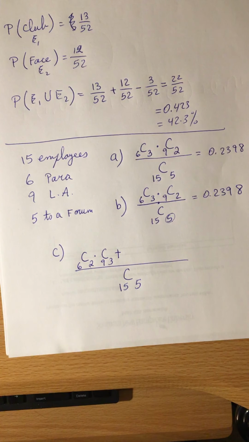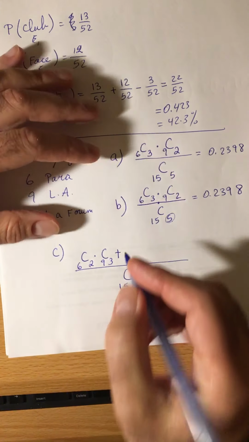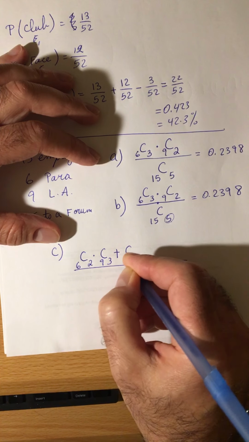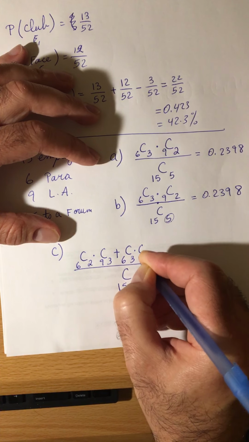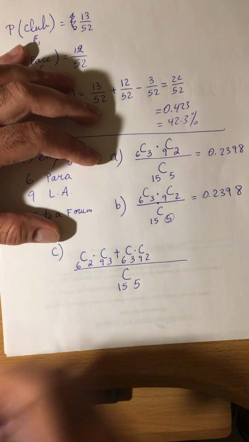Or I can send 3 paralegals, right? Because it says sending at least 2 paralegals. So I can send 2 paralegals, or 3 paralegals, or 4 or 5. So if I send 3 paralegals, then I'm sending 2 legal assistants.